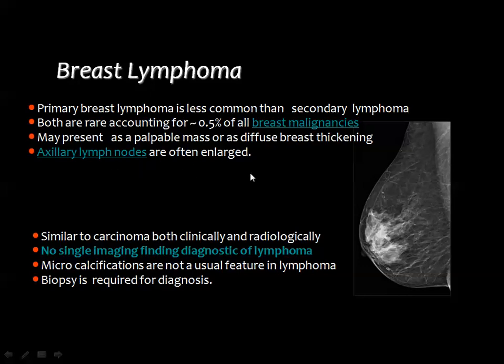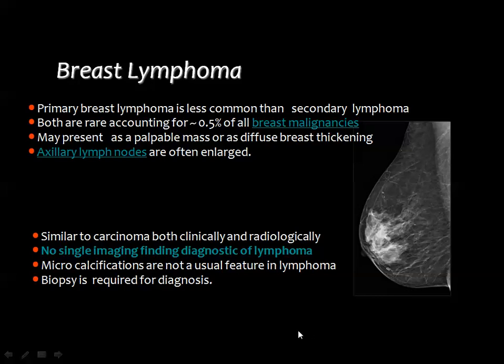It is known in the literature that lymphoma of the breast has no specific imaging findings, and lymphoma as well as breast carcinoma are difficult to differentiate on the basis of imaging, and you need in almost all cases to have a biopsy to confirm the diagnosis.